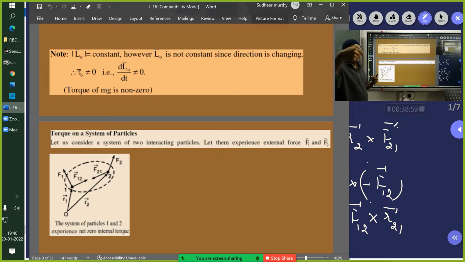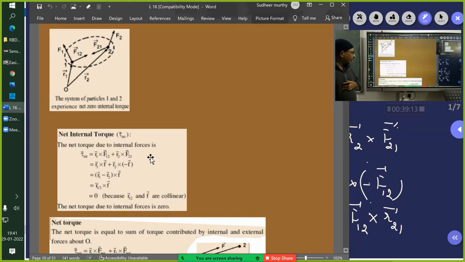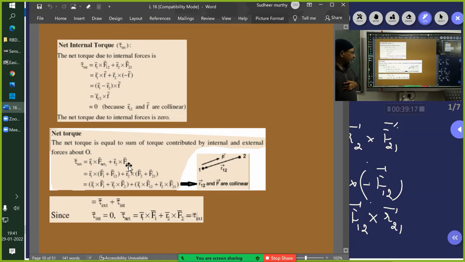Now there is a force on this particle in this direction. You must not simply take it as internal force. This internal force is because of the interatomic forces. So the net torque about this, we write this.